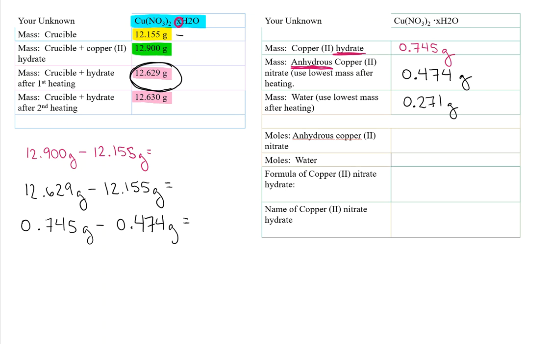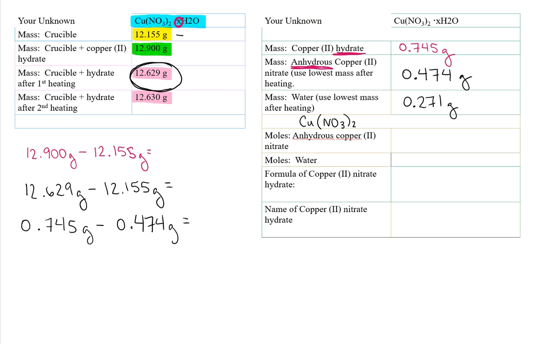Okay, now we're doing stoichiometry. I want to know how many moles of the anhydrous copper 2 nitrate there are. Remember, the anhydrous copper 2 nitrate is when there's no water molecules associated with it.